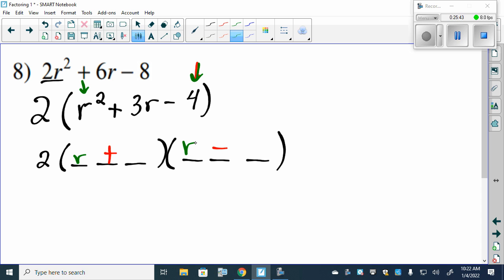And the factors of 4 would be 1 and 4 and 2 and 2. Which one do we want to try first? 4 and 1.